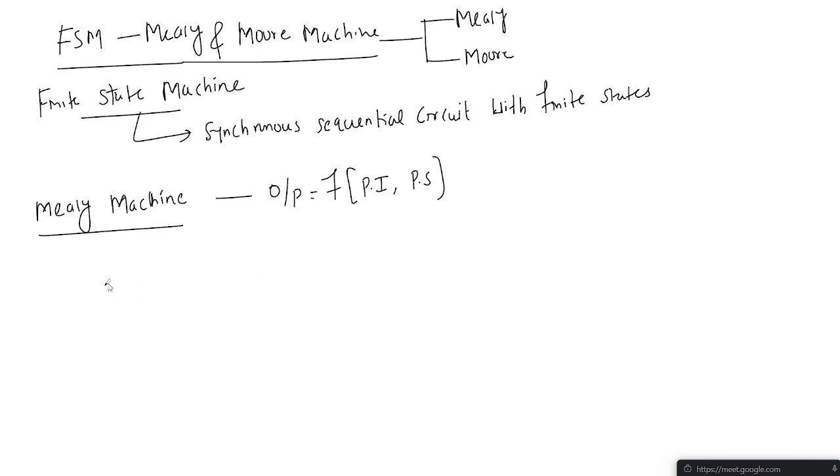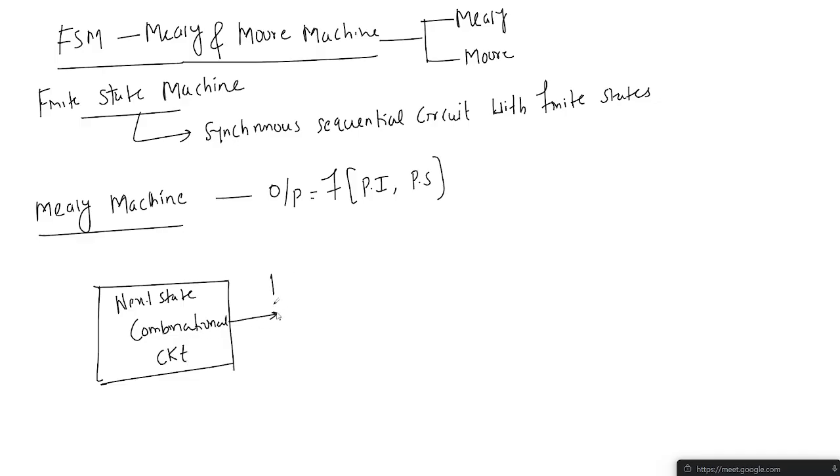If you draw the circuit diagram for the Mealy machine, you have the next state combinational circuit, and next you have the state register, and then the output combinational circuit.